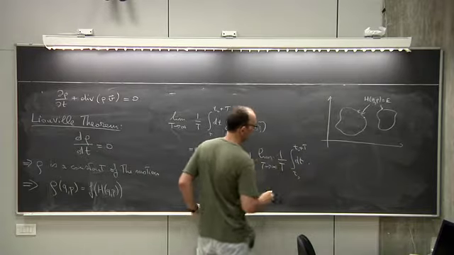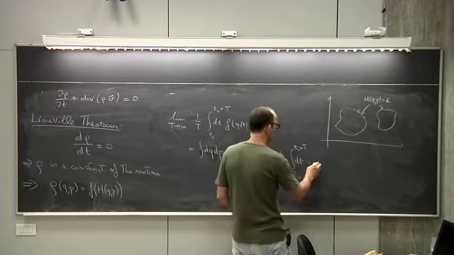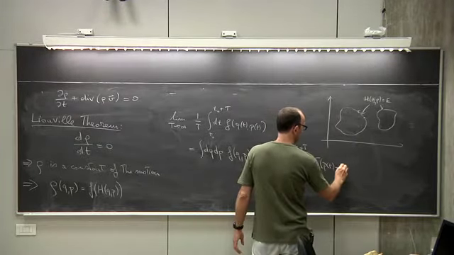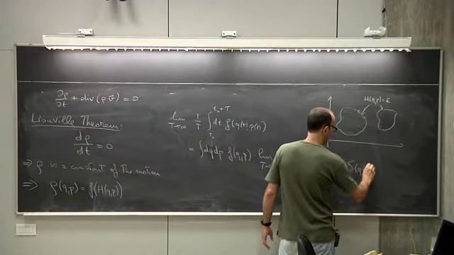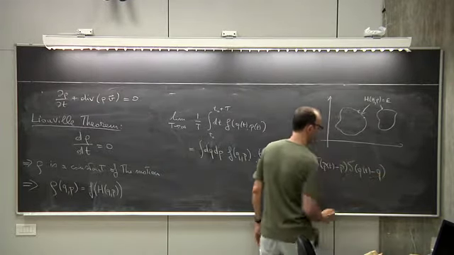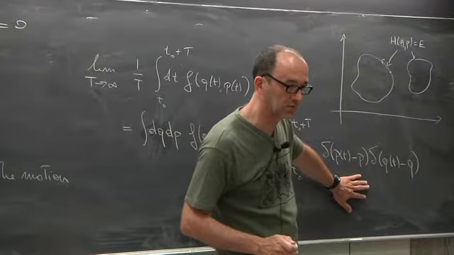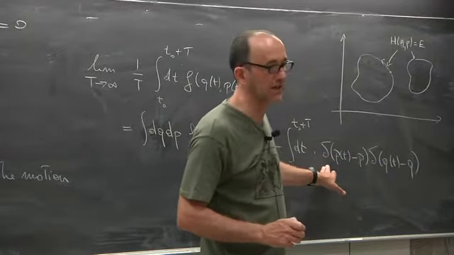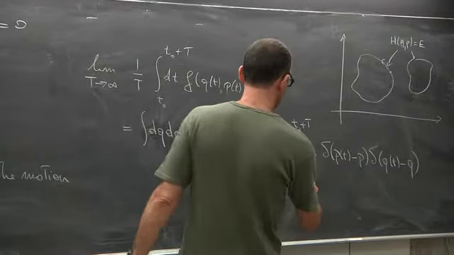And here I put a function which gives me 1 whenever p of t is equal to p and q of t is equal to q. This is the delta function, a 3n dimensional delta function.